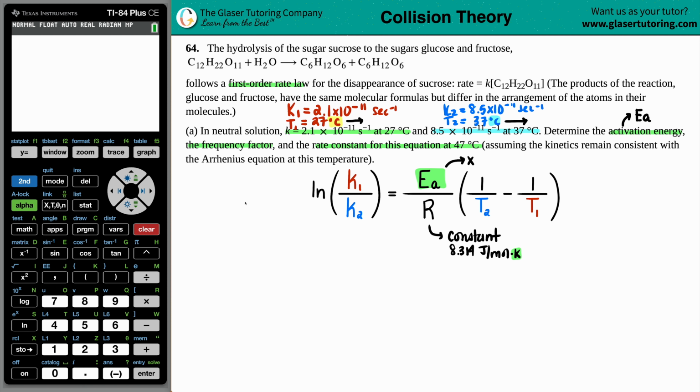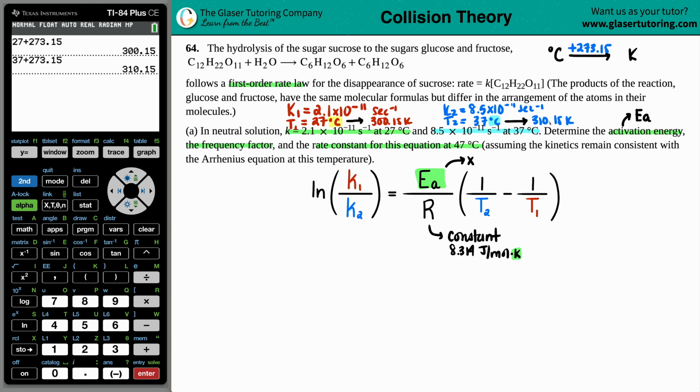But we can always convert Celsius to Kelvin by just, and maybe I'll put it up here, Celsius always to Kelvin is just adding 273, or being more specific, 273.15, which is what I'll do just to get a more exact answer. So 27 plus 273.15, we get 300.15 Kelvin. And then the other one, 37 plus 273.15, we get 310.